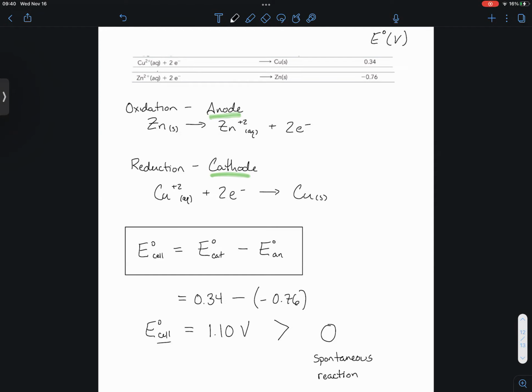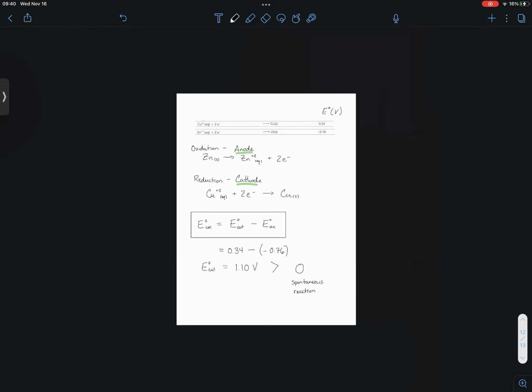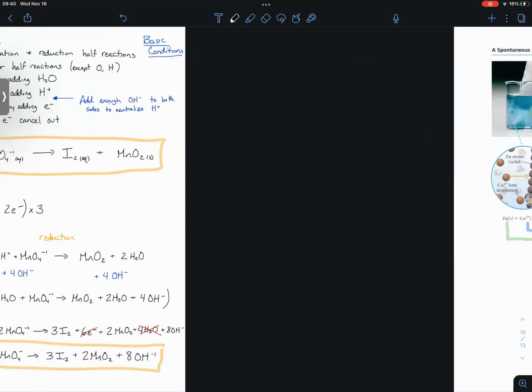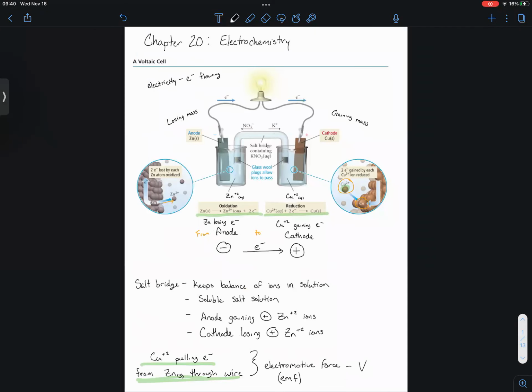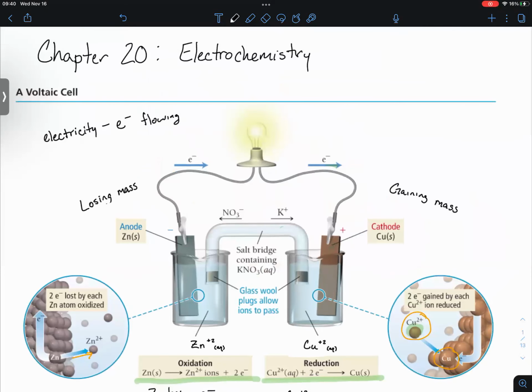And just to be clear, why is this thing called a cell? I've been calling it a battery. The formal name for this type of device would be a voltaic cell, also called galvanic. I might have spelled that wrong, but anyway, same idea.